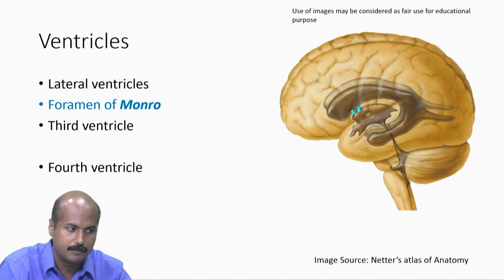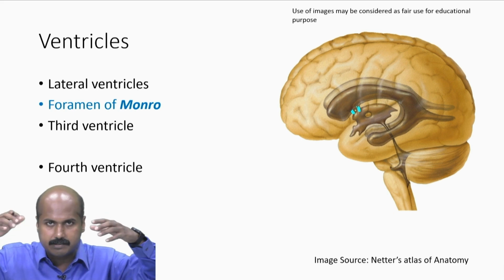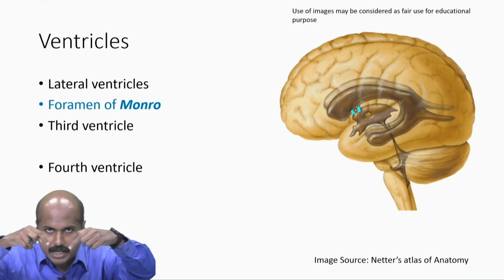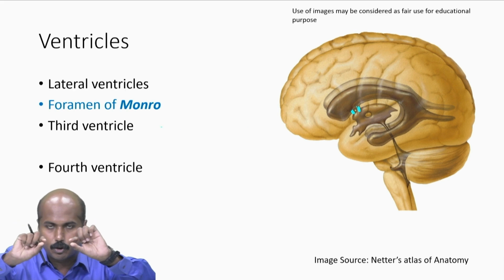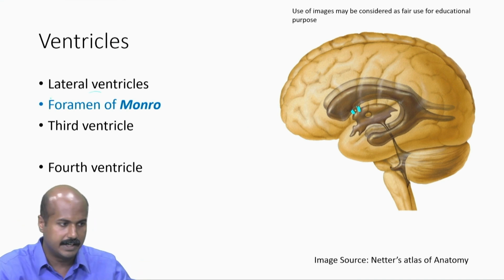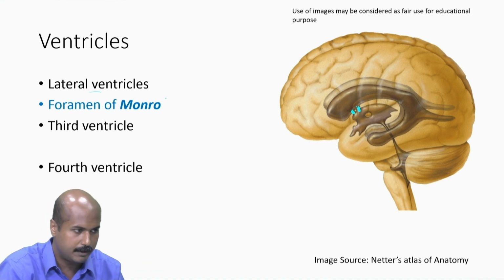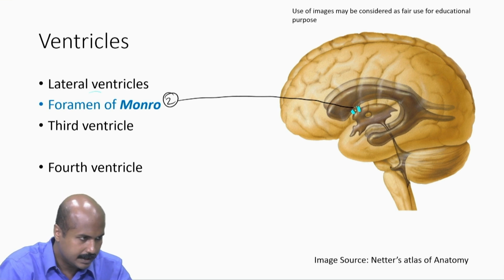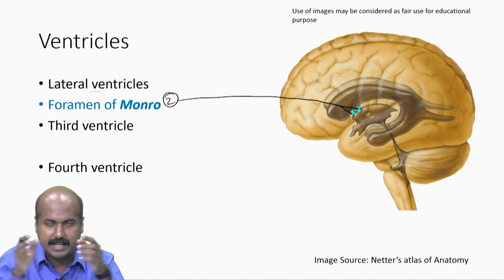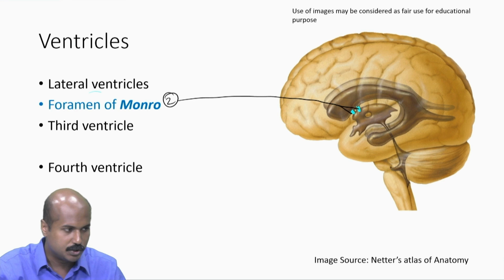This is another foramen of Monro. So the two lateral ventricles communicate through two foramen of Monro into the midline third ventricle. The foramen of Monro are basically two in number, located close to each other near the midline, and they communicate the lateral ventricle to the third ventricle.